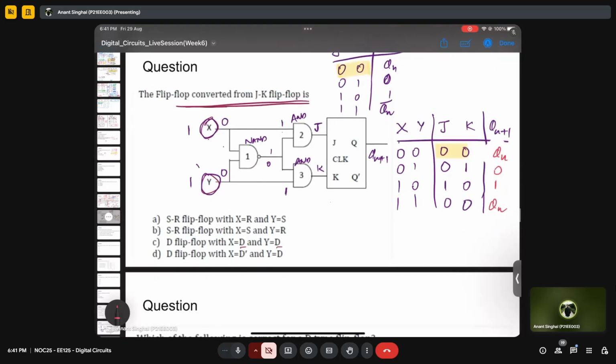Is there any doubt in this? So now you can clearly see when it is 0 0 it is storing the state, when it is 0 1 it is 0, when it is 1 0 it is 1, but when it is 1 1 it is again storing the state. This is the only difference that we are getting. So can I say that this is nothing but an SR flip flop? Because the 1 1 case was the only invalid case in the SR flip flop and we don't care about that.